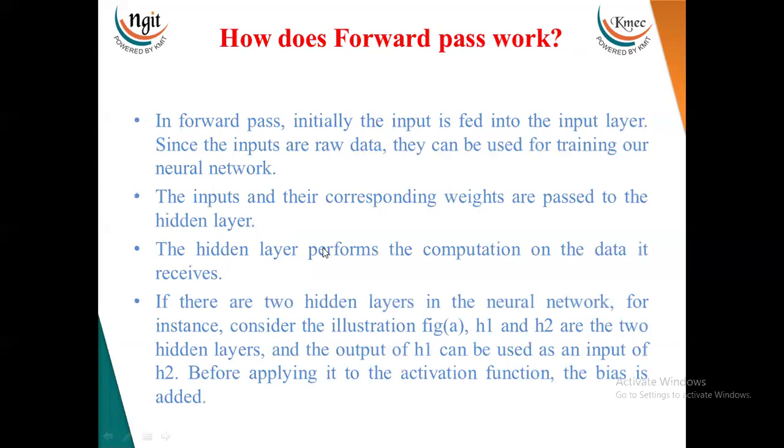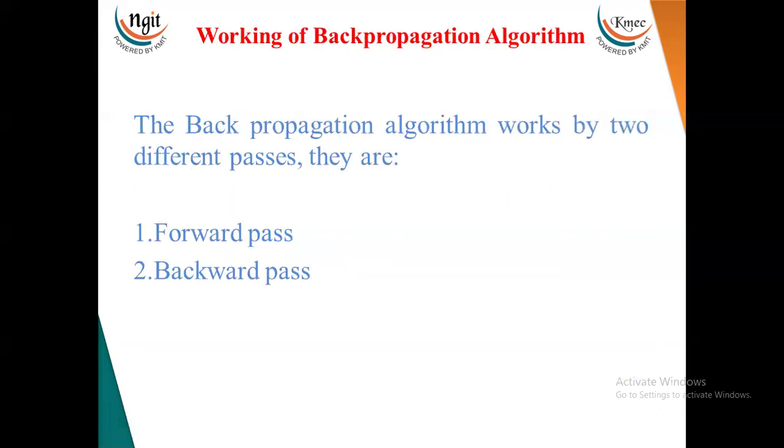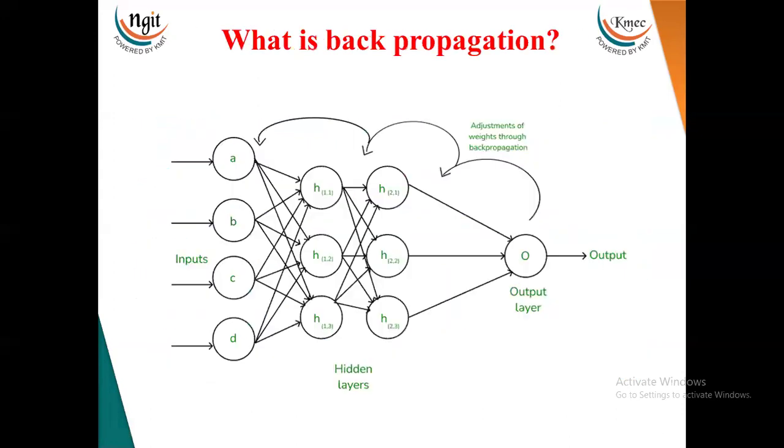So how does the forward pass work? I'll show you the diagram. In the forward pass, starting from A, I first calculate, according to the weights, the values of H11, H12 and H1. Then according to H11, I calculate H21, H22, H23.